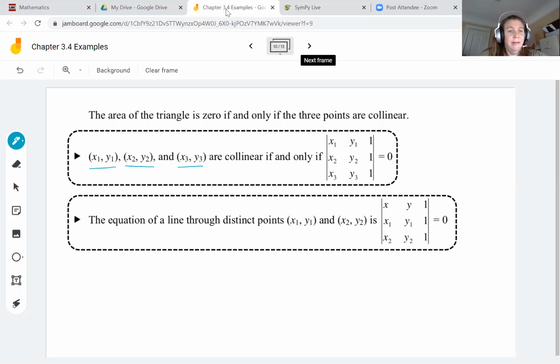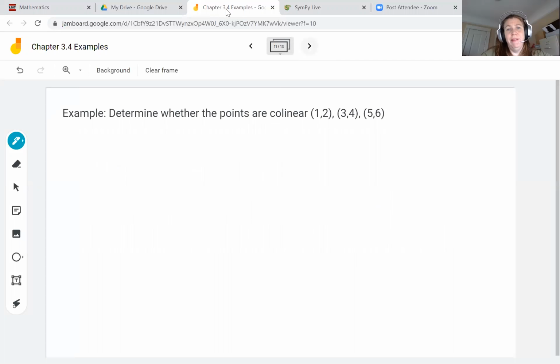Similarly, we can find the equation of the line through these distinct points by setting this equal to 0, right? Because we know everything is on the same line if the determinant is 0, and then putting in variables x and y here to help us find the equation of the line and putting in the points that we know for x1, y1, and x2, y2. So let's look at some examples practicing that.